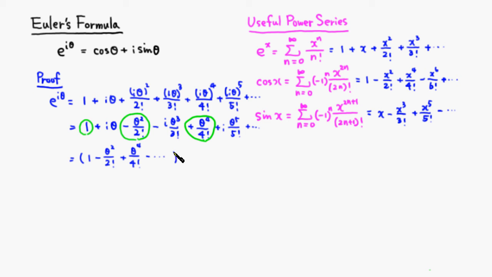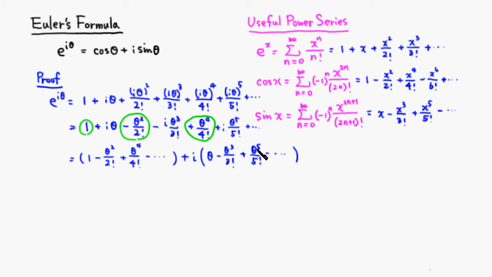Then let's collect all the ones with i. The rest of it has i, so I'm going to put the i out. So you have theta minus theta cubed over 3 factorial plus theta to the 5th over 5 factorial minus, and so on.